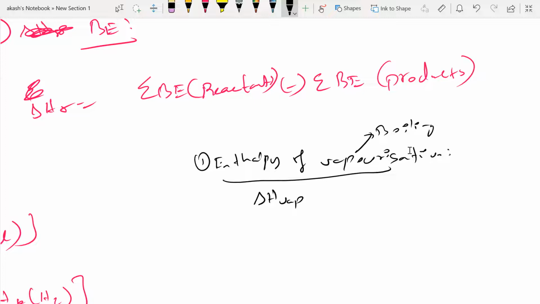Now, whenever I talk about enthalpy of vaporization, I'm talking about that particular chemical species in liquid state going to its vapor state. So please take down the definitions also, so it is going to be helpful for us.